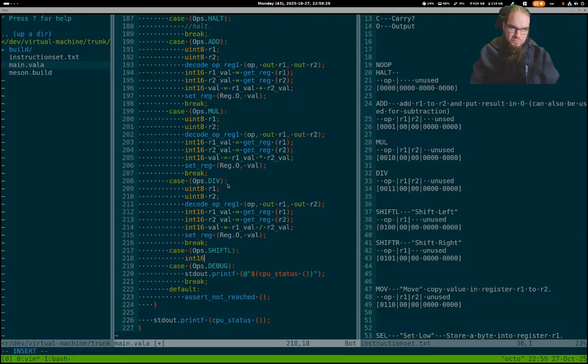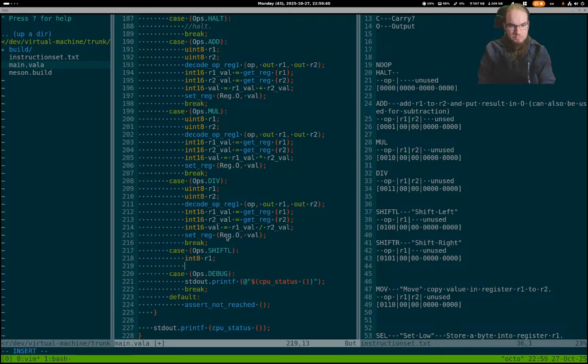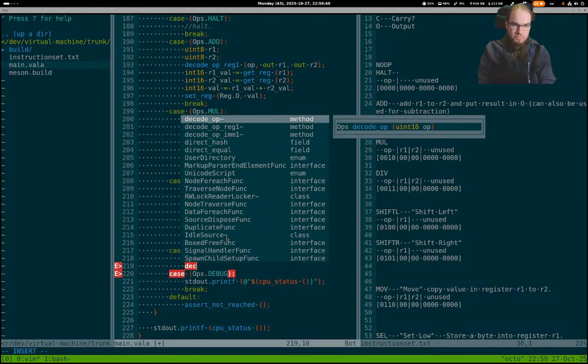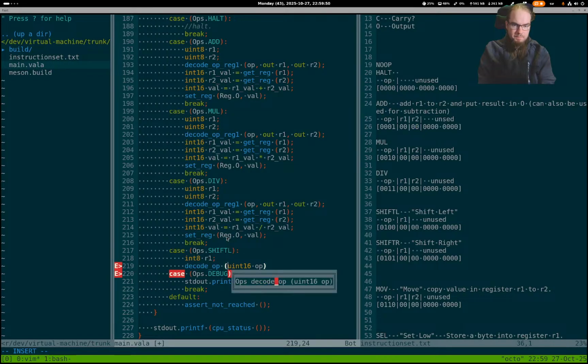Okay, so first we need to get the registers. Int 8, R1. That's all we need. We're not gonna care about the other one. Decode op.